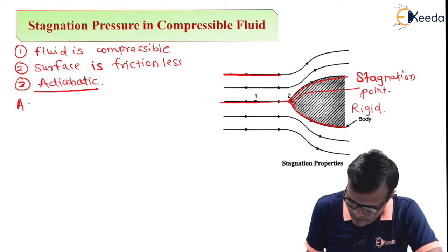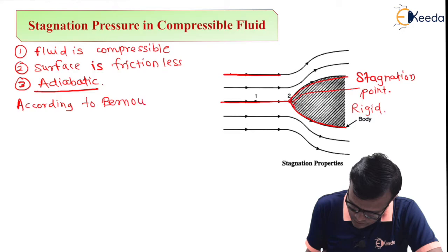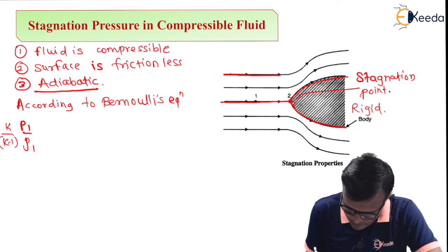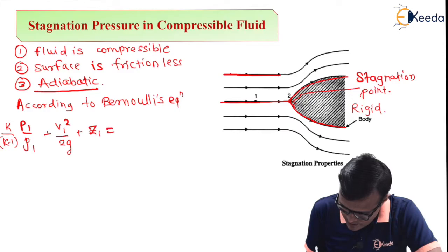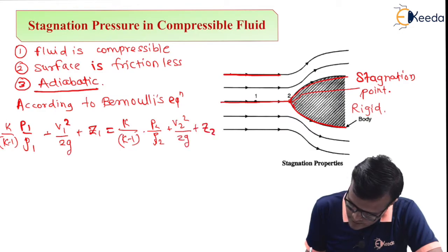According to Bernoulli's equation, k upon k minus 1 times p1 upon rho 1, plus v1 square upon 2g, plus z1, is equal to k upon k minus 1 times p2 upon rho 2, plus v2 square upon 2g, plus z2.